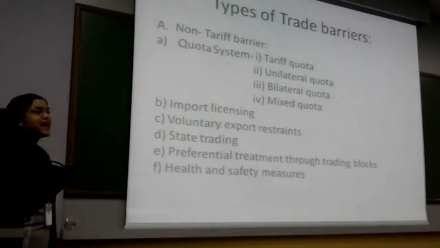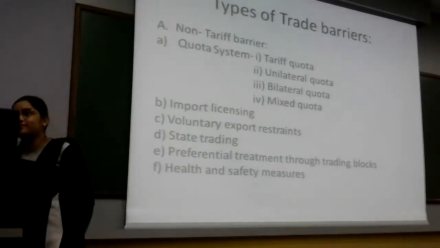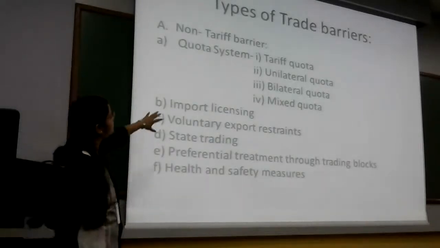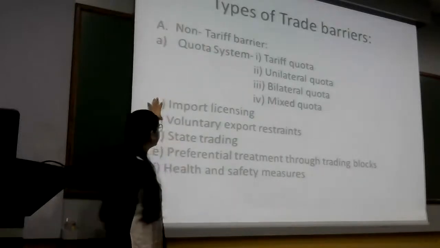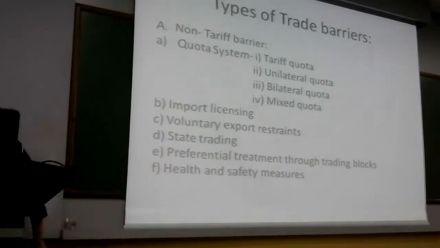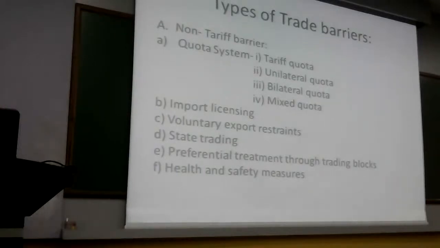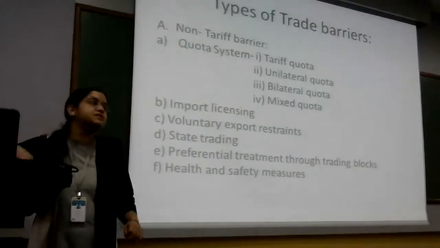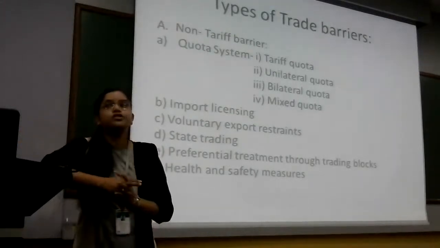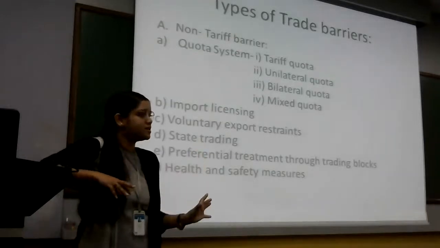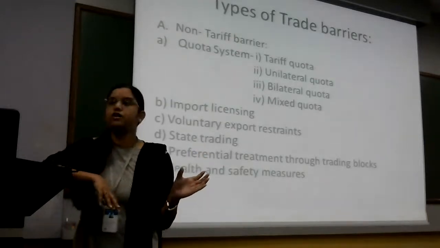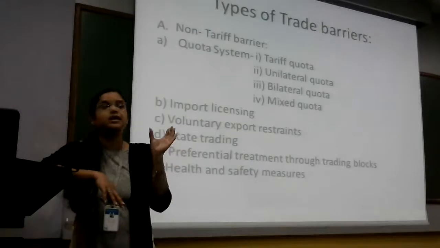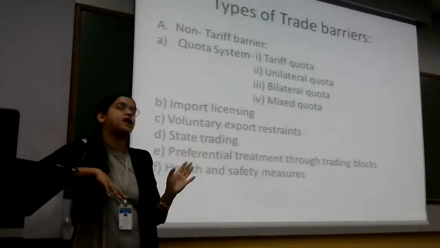Now, as I said, types of trade barriers: tariff barrier and non-tariff barrier. These are the types of non-tariff barriers. The first type is the quota system. The quota system is nothing but the host country deciding how much quantity of goods and services can be imported or exported.